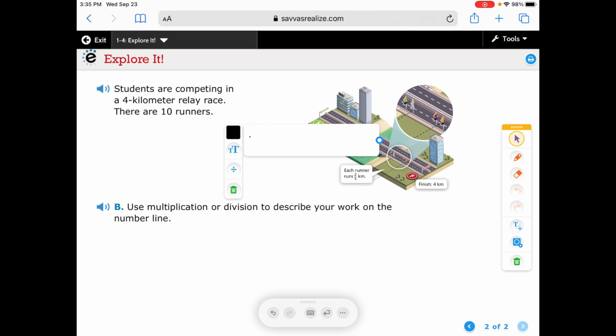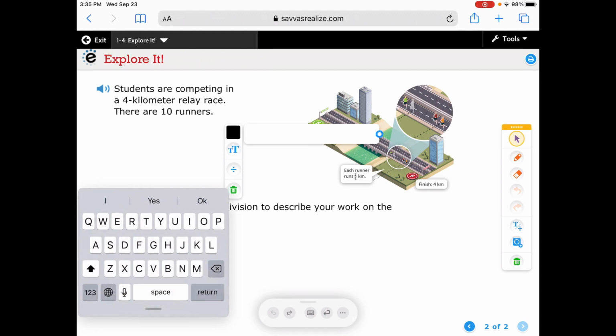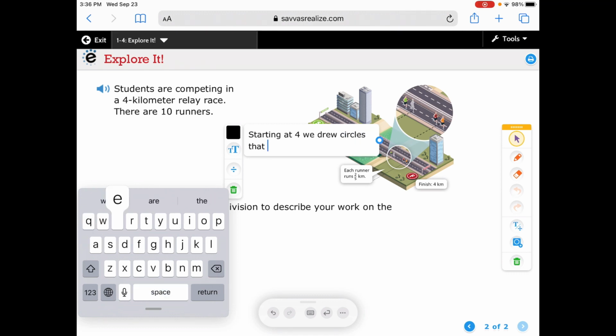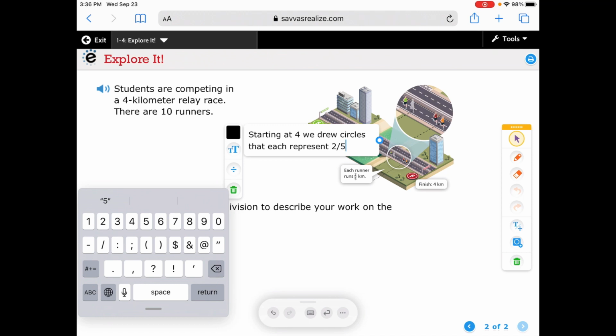So what we did is, starting at 4, we drew circles that each represent 2/5.